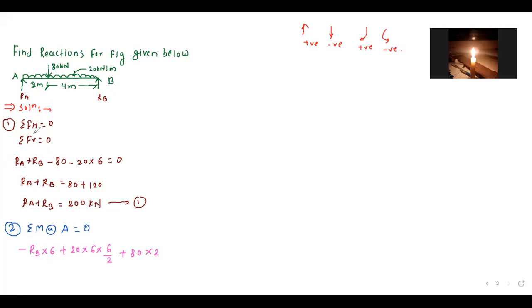That's why we will not consider it. Now we will shift minus 6 RB to the right side. What remains is 20 into 6 into 6 by 2, which is 20 into 6 into 3, plus 80 into 2.